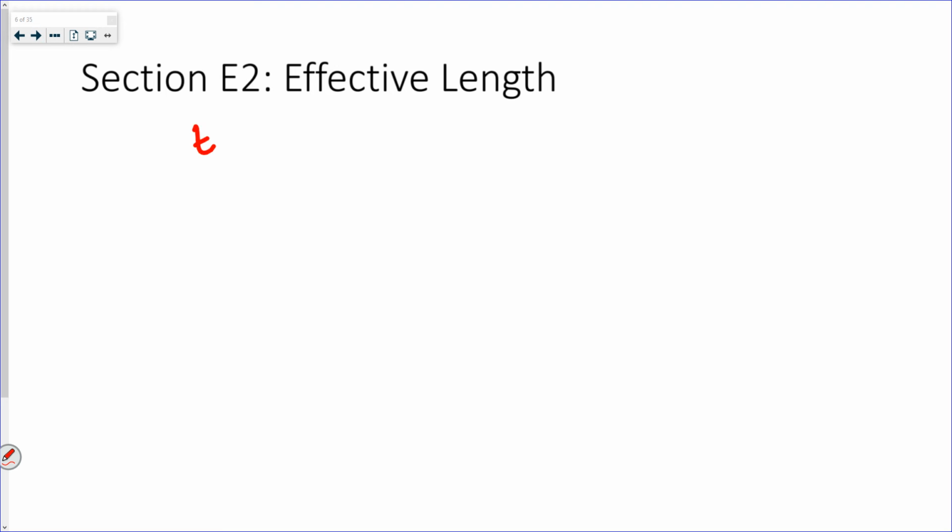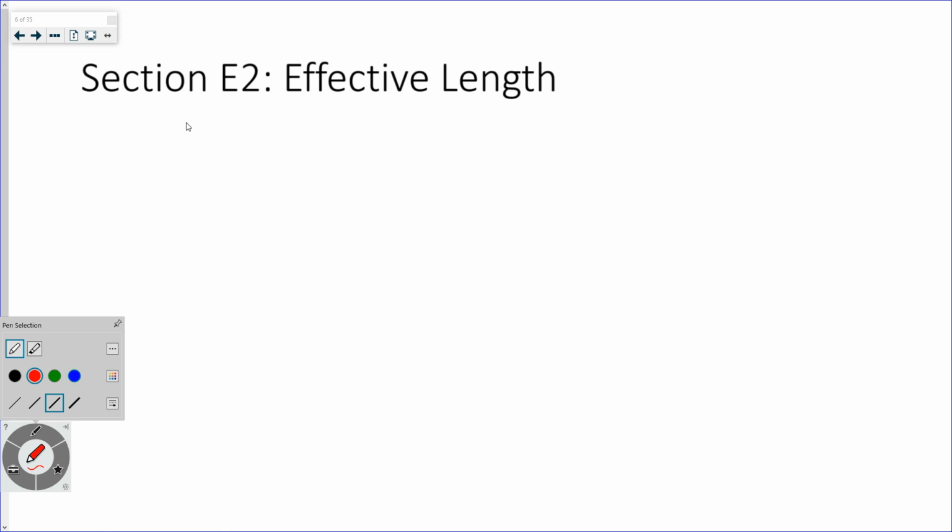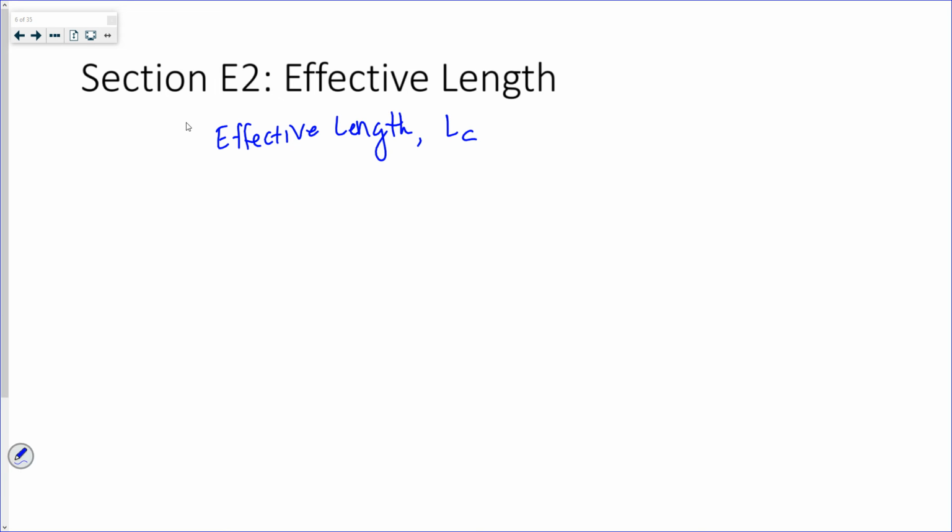Effective length in compression is denoted by the symbol LC, and it equals our K factor times L. Remember our K factor is to account for different end conditions other than pin-pin.